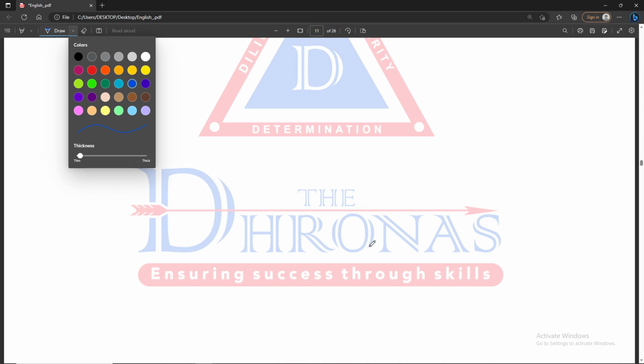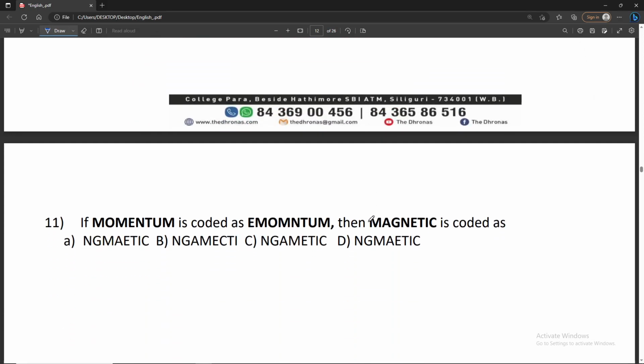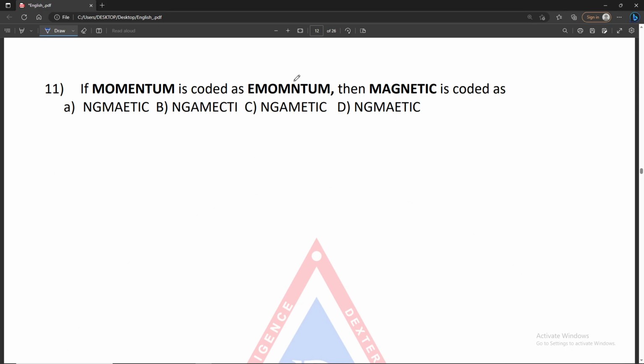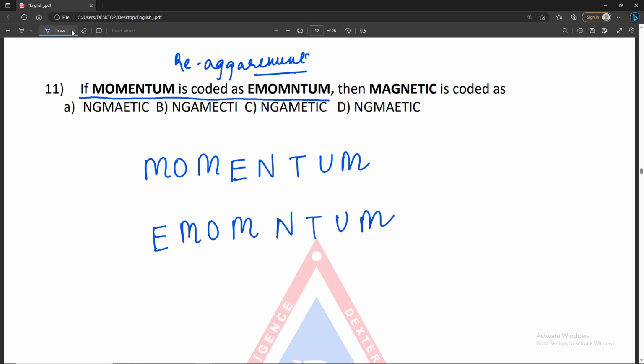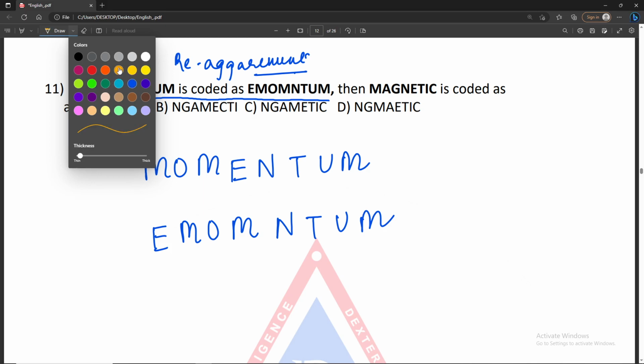So the next question is about rearrangement. So what is the word given? If momentum is coded as this, so momentum, we can write E, M, O, M, N, T, U, M. I'll just change the color so that you can understand.